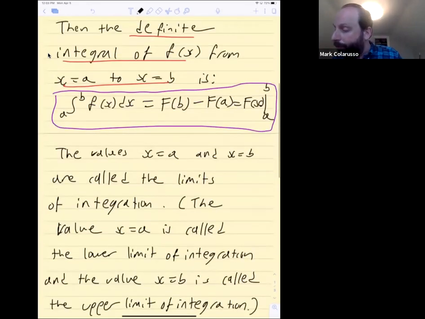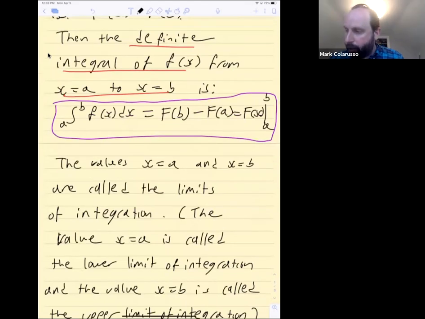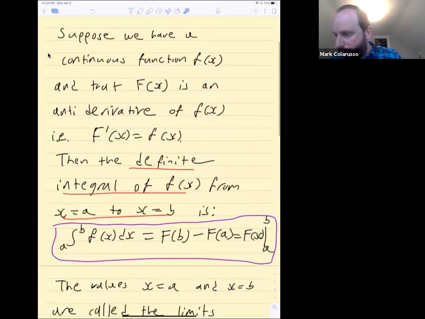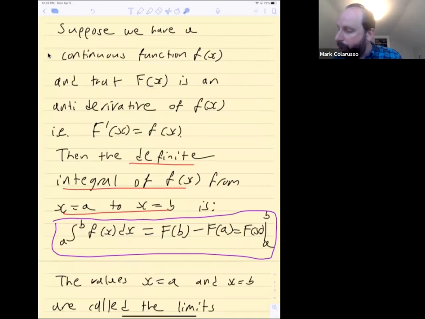So what this is saying is that this definite integral of f of x dx from a to b is the difference of the antiderivative capital F at b and at a. And this difference is abbreviated by capital F of x evaluated from a to b.